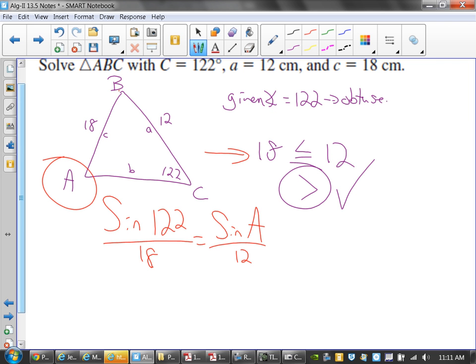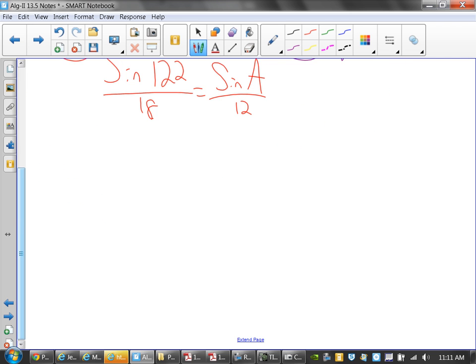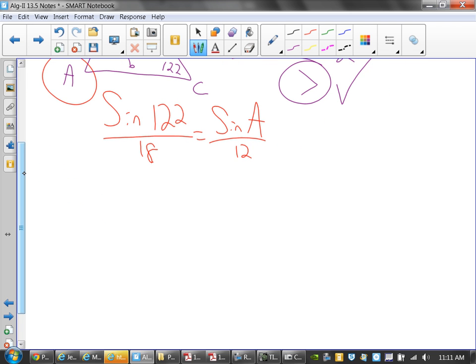Sine, cosine... We're going to use the inverse button. Same thing goes through here, guys. Notice, it's fraction equals fraction. So when it looks like this, all I need to do is 12 sine 122 over 18 is the sine of A.